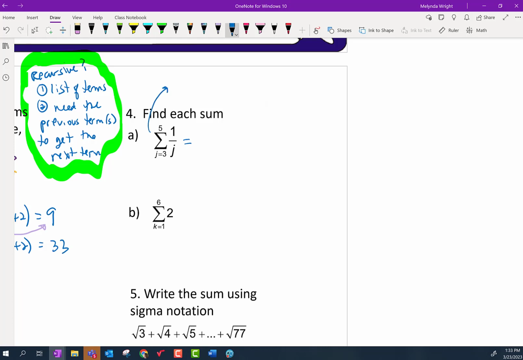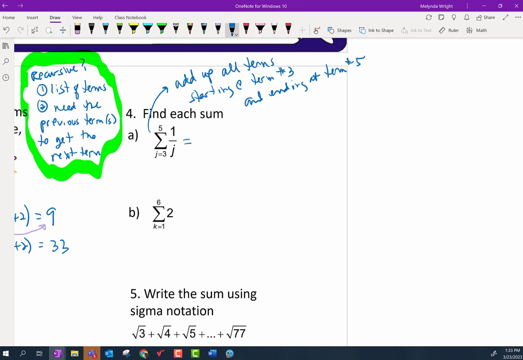This is saying add up all terms starting at term number 3 and ending at term number 5. That's what it's saying.